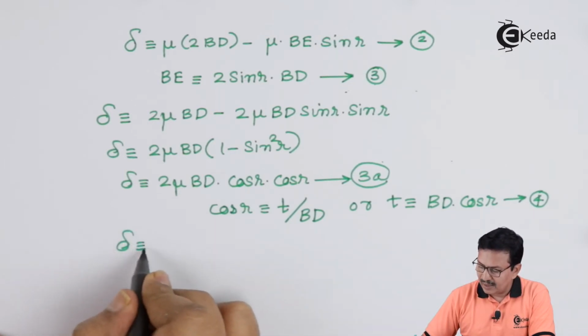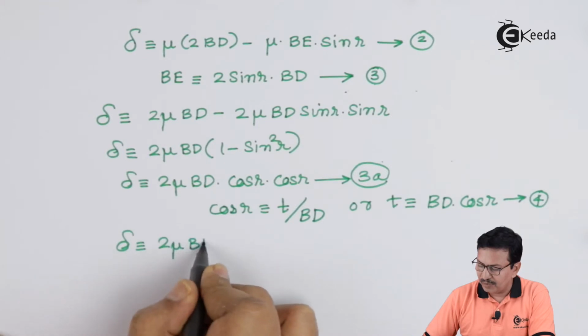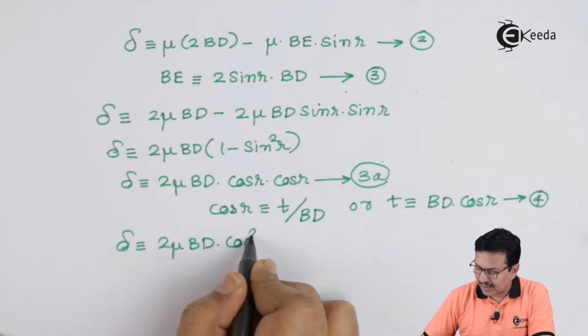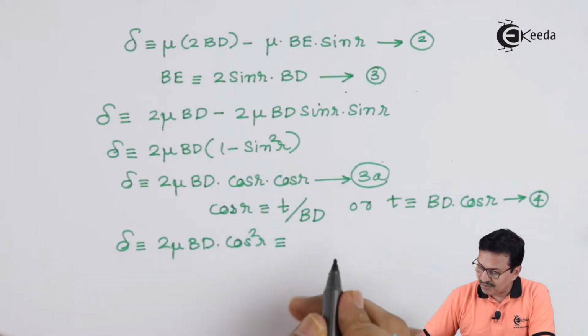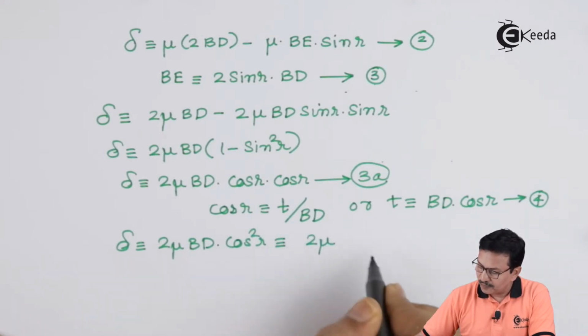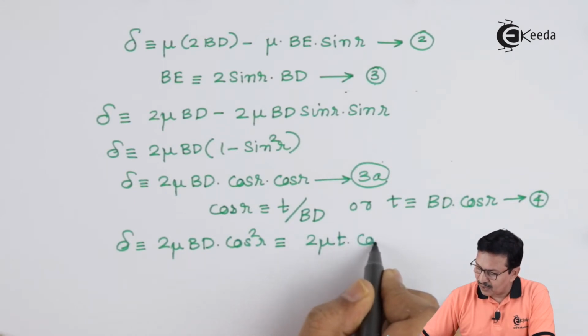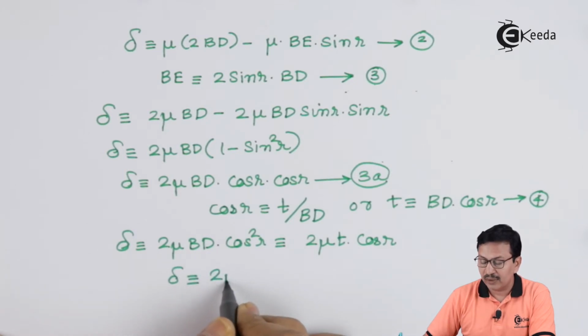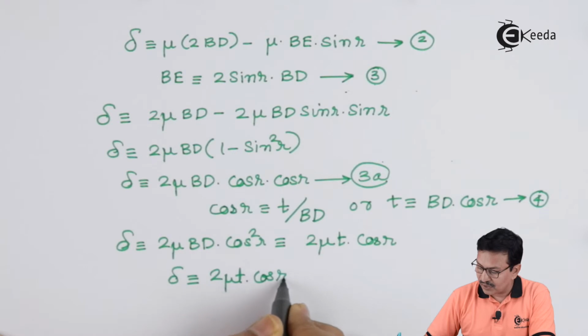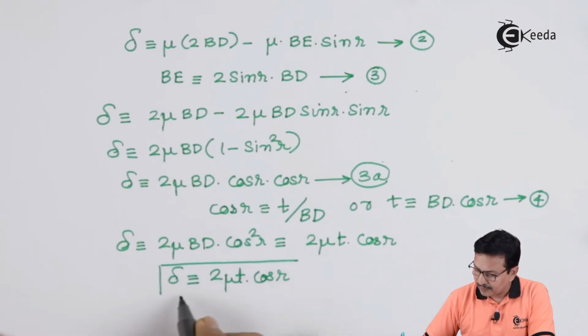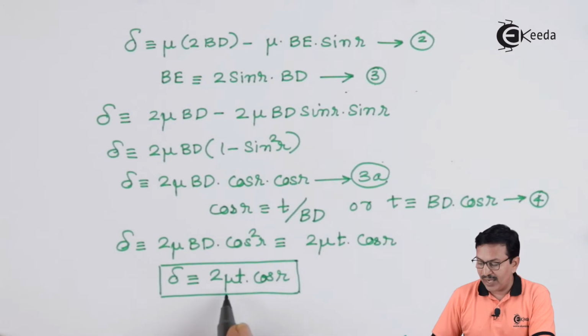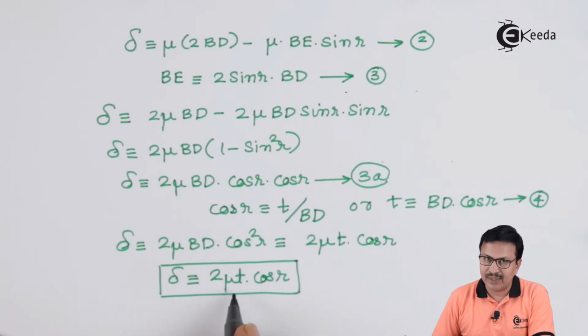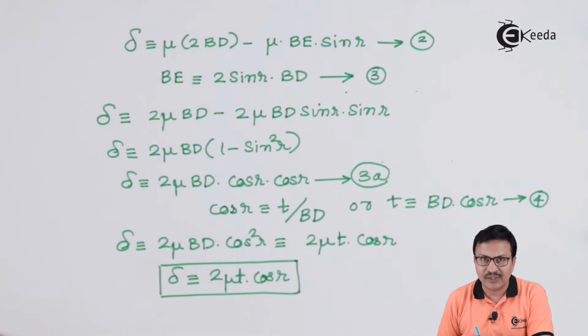So your delta is going to be equal to 2 mu into BD into cos square R, which now can be substituted as 2 mu T into cos of R. And that is the final expression for your path difference, which is going to be equal to 2 mu T into cos of R, where mu is the refractive index of the medium, T is the thickness of your thin film, and R is nothing but the angle of refraction.